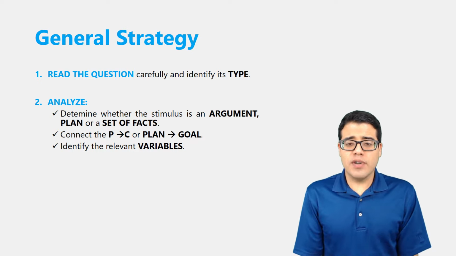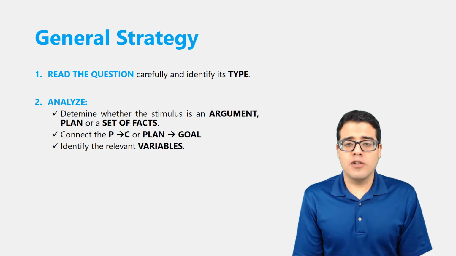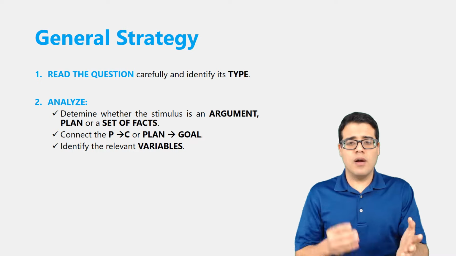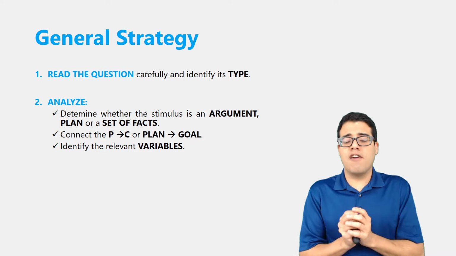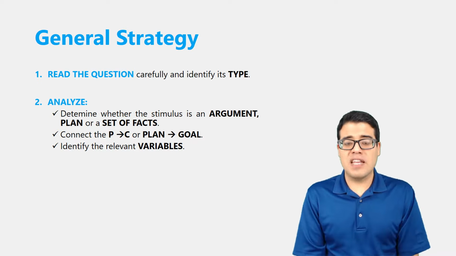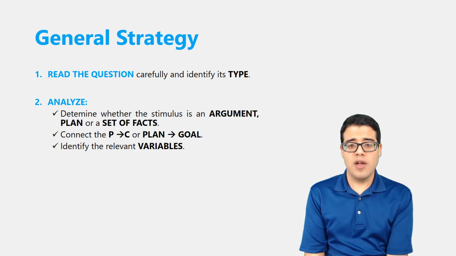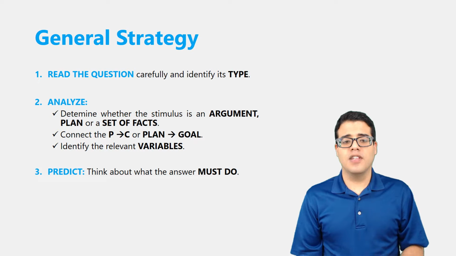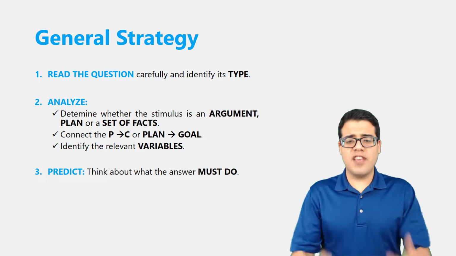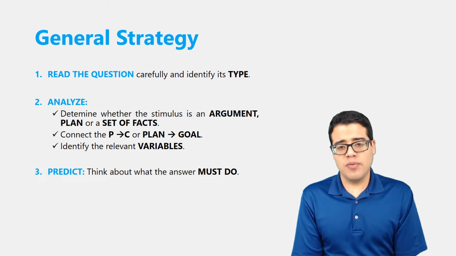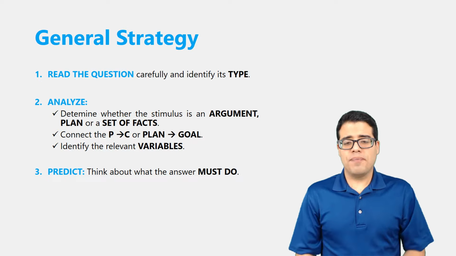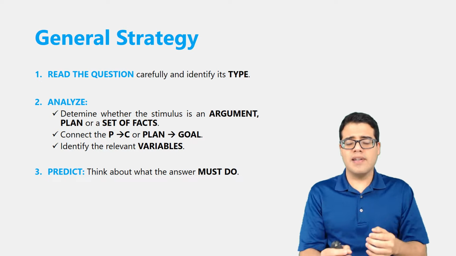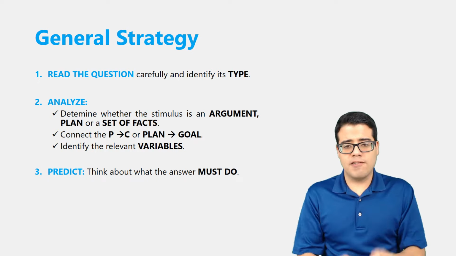It is very important to identify the variables involved either in the premise, conclusion, plan, objective, or the variables in the facts, because most right answers will use those variables. So you have to make a prediction afterwards, and your prediction will be directly related with either the conclusion, the plan, or the facts.